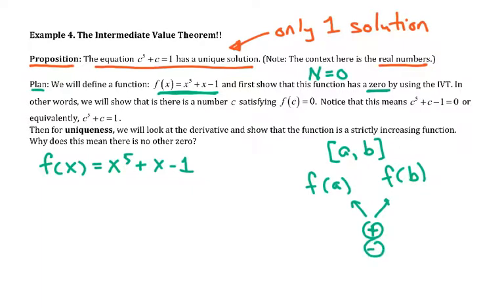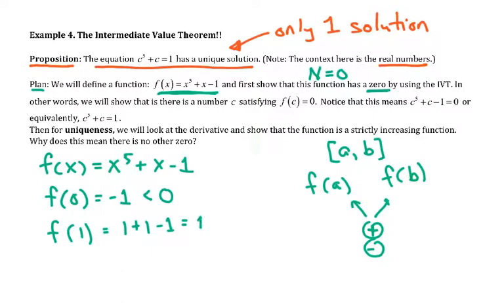Then 0 will be in between f of a and f of b. So we just start looking: what is f of 0? That's -1, and that's less than 0. So that might be worth using. And what is f of 1? That's 1 plus 1 minus 1, which equals 1, greater than 0. So we found our interval will be 0 and 1.